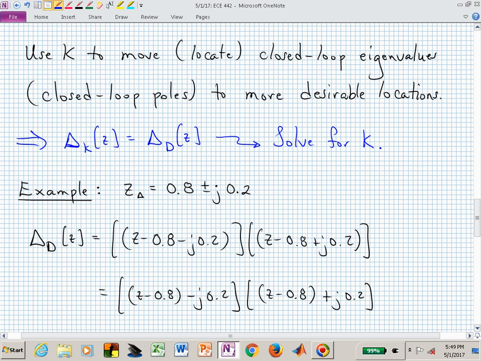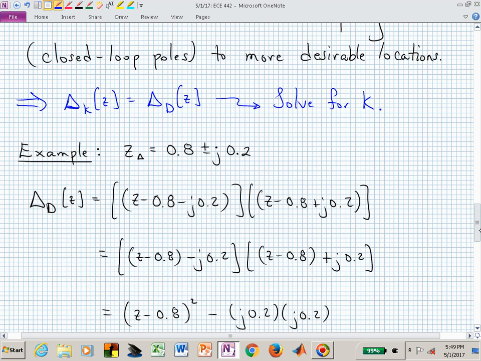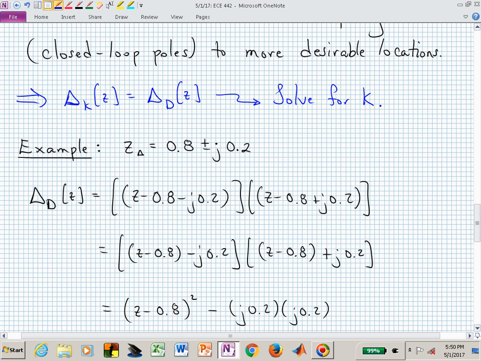She's earning her pay. So now we have this product written a little differently, and now you can do FOIL, or your favorite way of multiplying these two first-order polynomials, and I hope you can see that the cross terms cancel because one has minus j 0.2 and the other one has plus j 0.2.